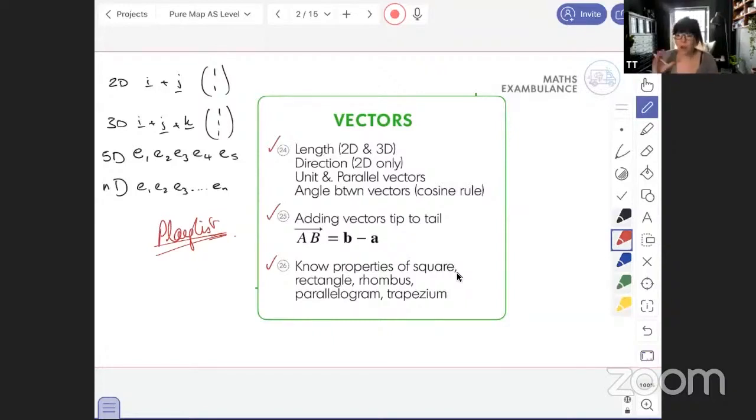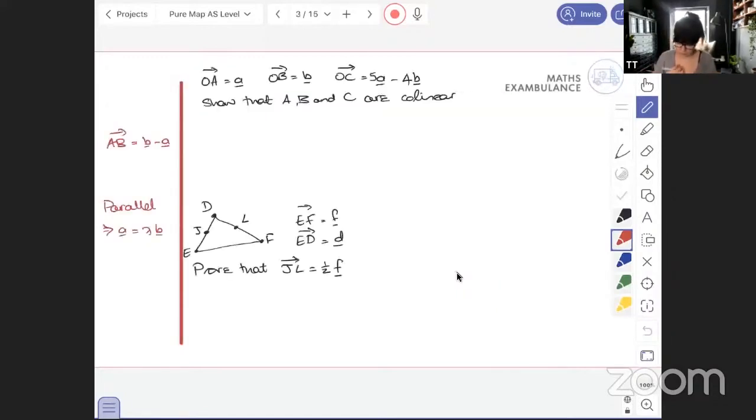Now, I am going to assume that everybody knows what a vector is, and I'm not going to go over all of the basics. If you want to go over all of the basics, they are in number 24. And there's a couple of examples in 25 and 26, but I'm just going to go through some examples today that cover not everything that you might get in vectors, but the vast majority.